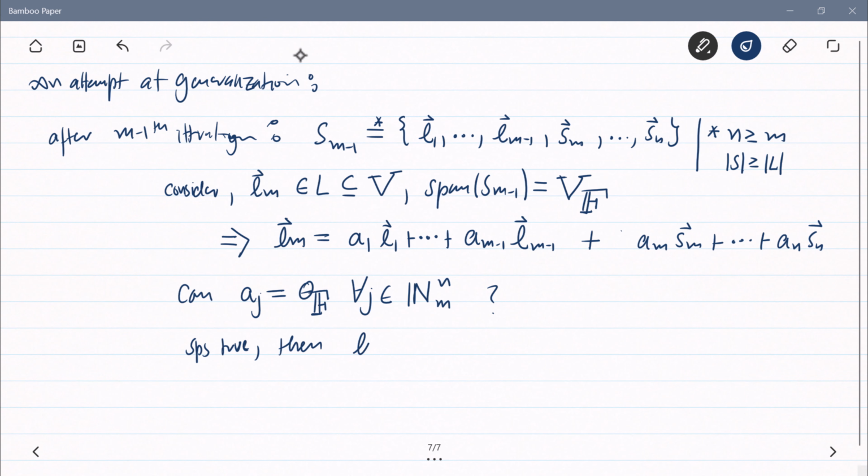Then L sub m would be equal to this combination, which is a contradiction because L is a linearly independent subset, and we cannot write this in terms of the others. No, because, let us be more clear, L sub m belongs to L.